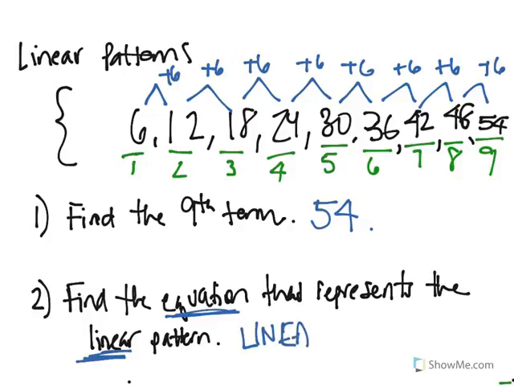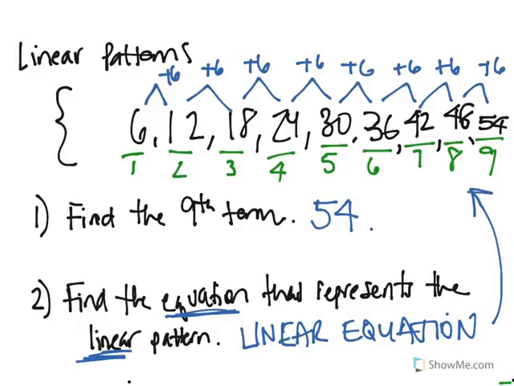A linear equation, right? So you need to find the equation of the line that represents these terms. So these are the 2 types of linear pattern questions you're going to get. It's either going to be find the nth term or find the equation that represents the linear pattern, okay?